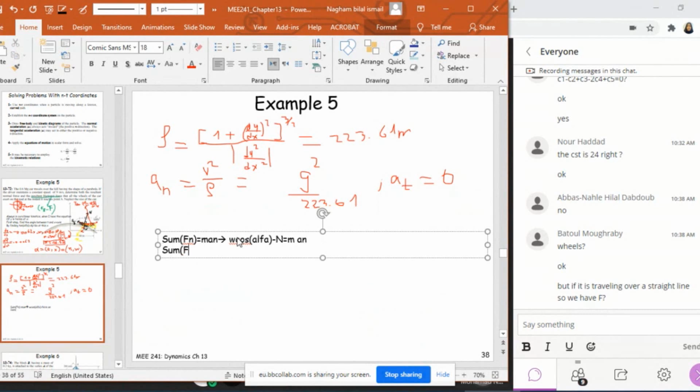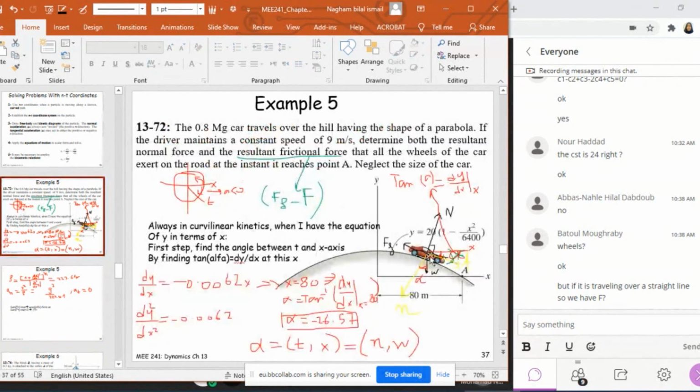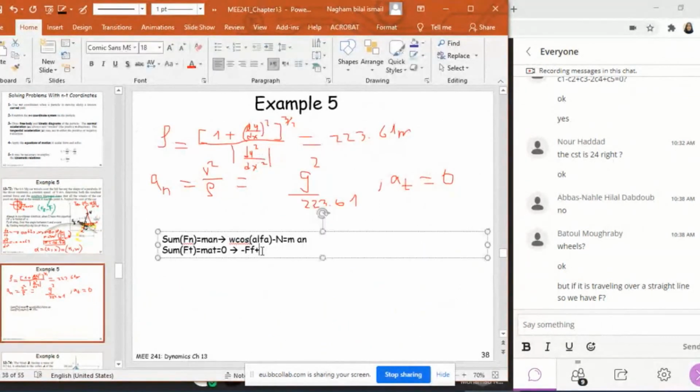Now the sum of forces in the tangential direction is m a t, which is 0. What are the forces in the tangential direction? It is the friction force in the negative tangential direction plus the projection of the weight in the tangential direction, which will be W sine alpha.